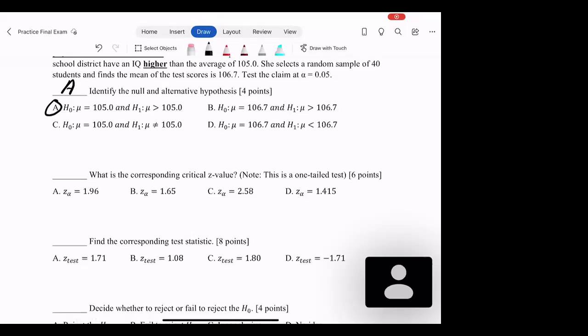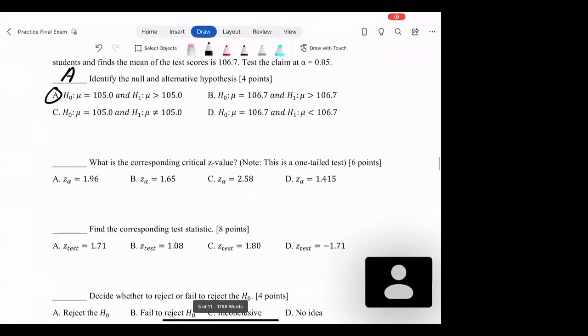Okay, what is the corresponding critical value? And I said, note, this is a one-tailed test. That's if it was two-tailed, it'd be A. B is correct, yes, 1.65. You want me to draw why it is? So you have a one-tailed test and it's right.